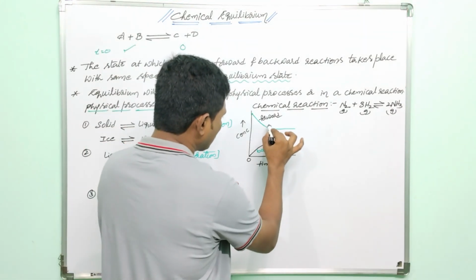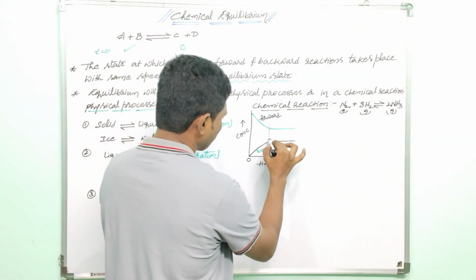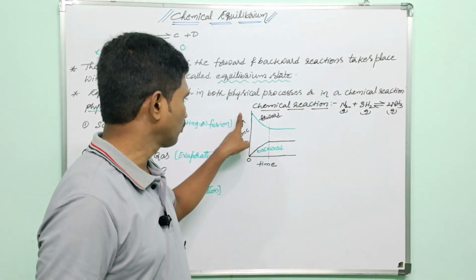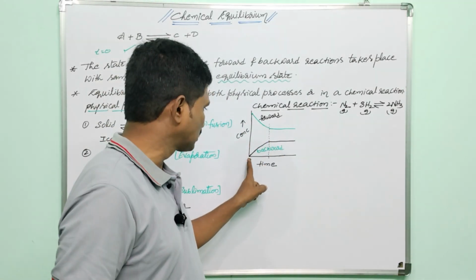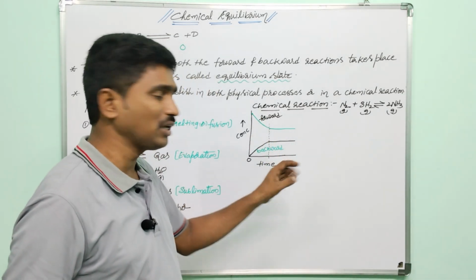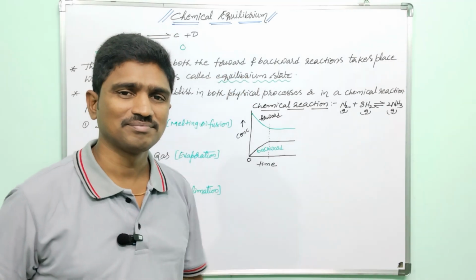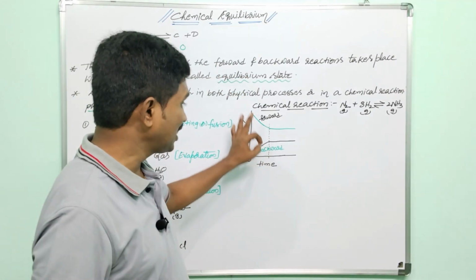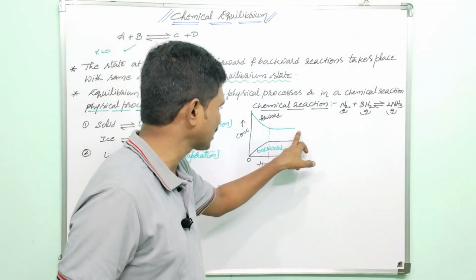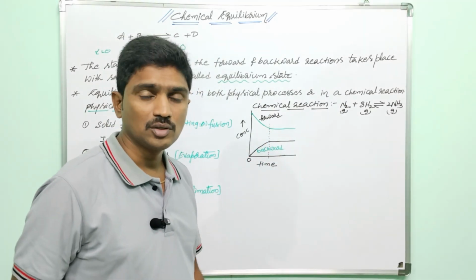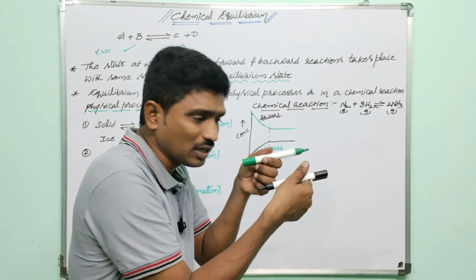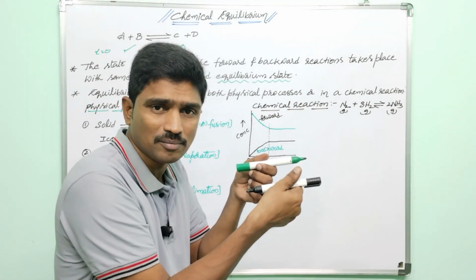The state at which concentrations of reactants and products remain constant is said to be the equilibrium state. Clear? Once equilibrium is established, there is no change in the concentration of reactants or products. Why? Because at equilibrium state, forward reaction and backward reaction take place with the same speed.